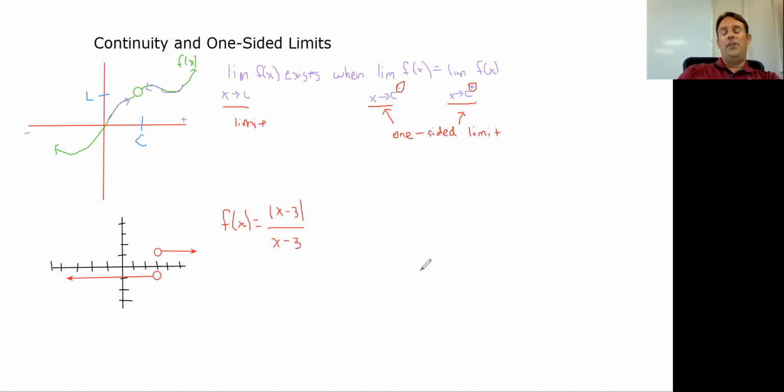But it gives us the idea to be able to talk about if a limit exists. So we're going to evaluate a couple limits here. We'll evaluate this from the negative side. We'll evaluate this from the positive side.